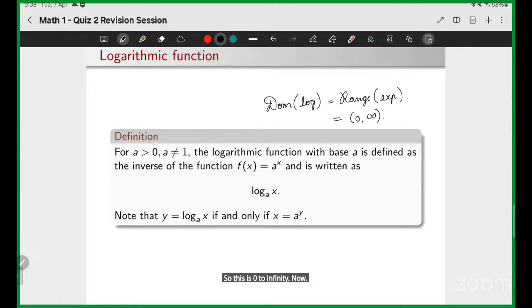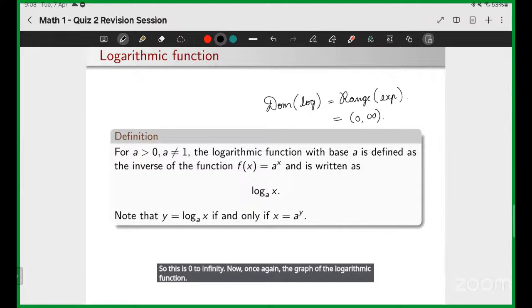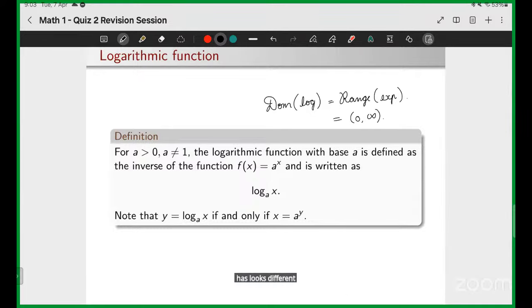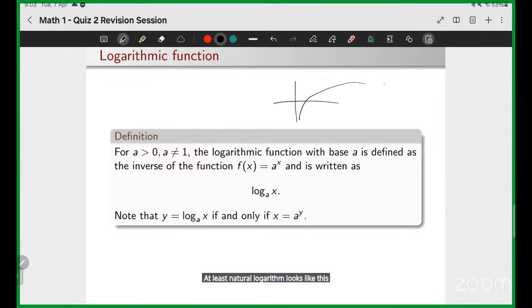Now, once again, the graph of the logarithmic function looks different based on the base a. At least the natural logarithm looks like this.